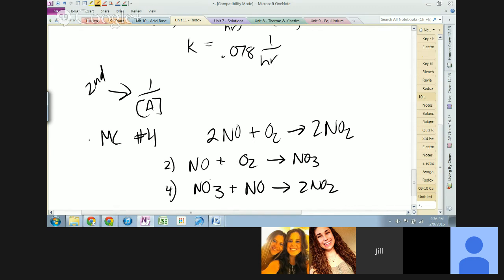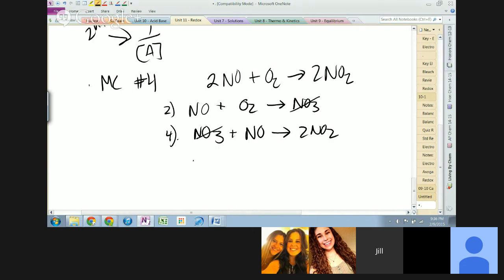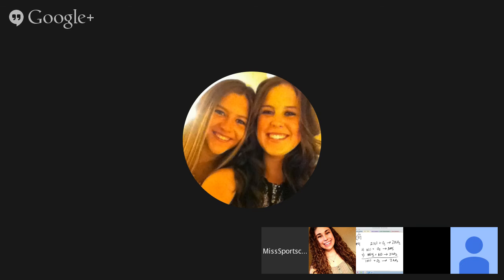By adding up those 2, you can see that this one would cancel. That would be an intermediate because it's a product and then a reactant. What's left is 2 NOs and an O2, making 2 NO2s. So it's just like Hess's law and you have to see which ones cancel out. Exactly, yeah.